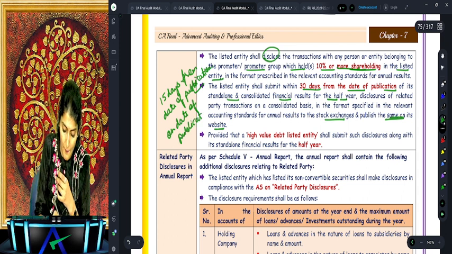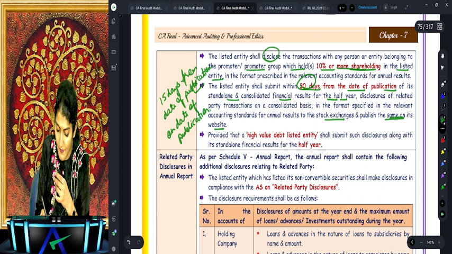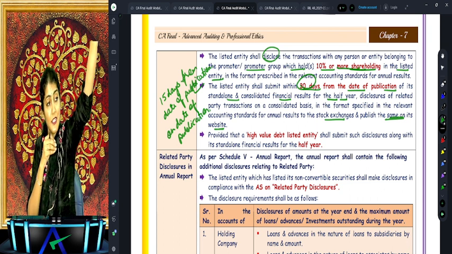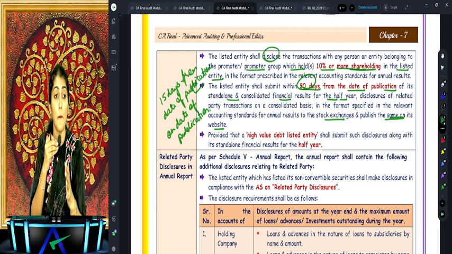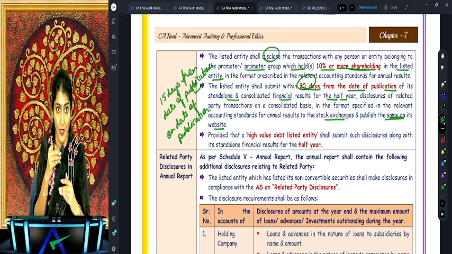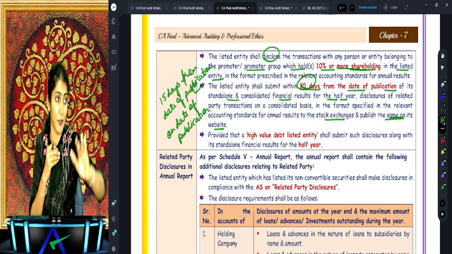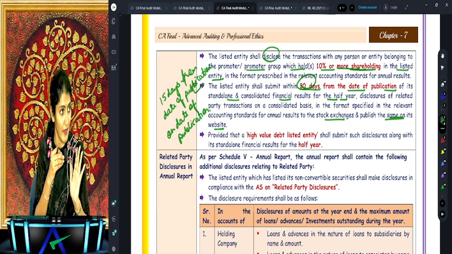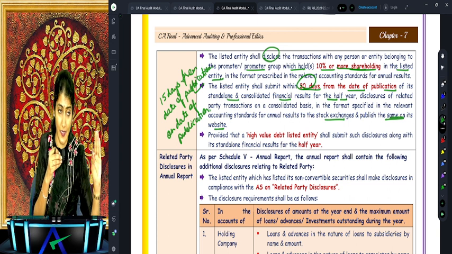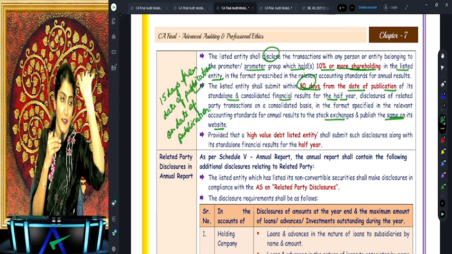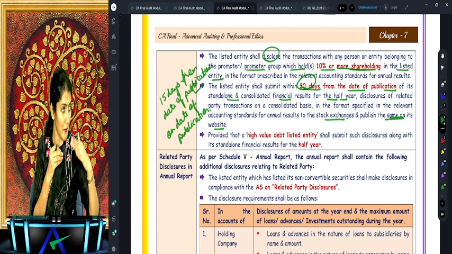So though they've kept it over here as 30, I would consider 15 to be more appropriate, because related party transaction has been added more recently as compared to these related party disclosures. So earlier it was 30, then they made it 15. Now they are making it on the date of publication. Are you understanding? So the most appropriate one for you to write is 15 days. Are you able to correlate?